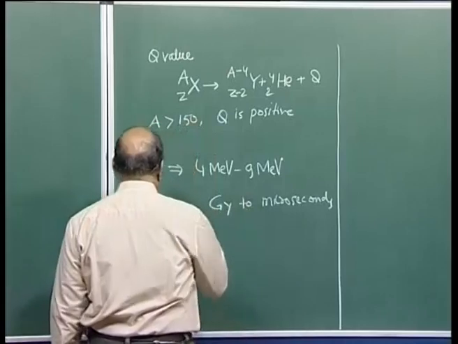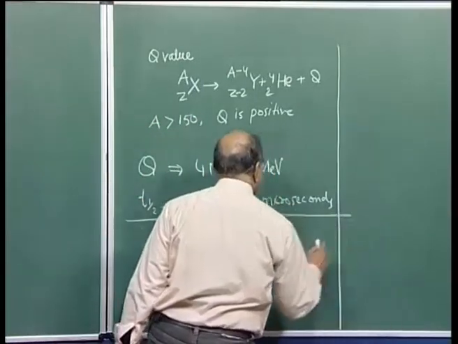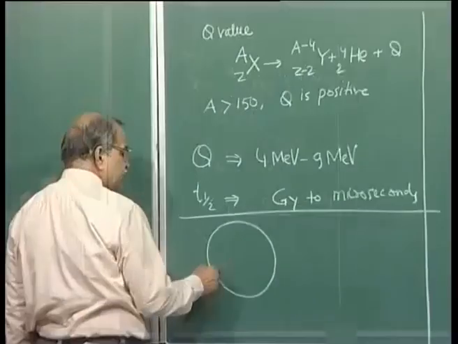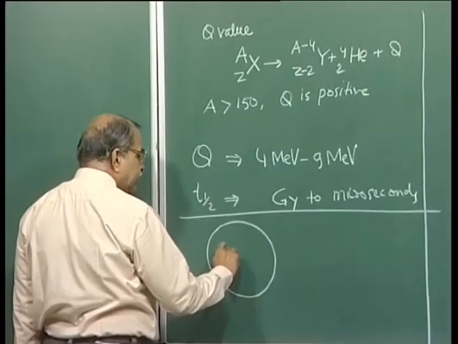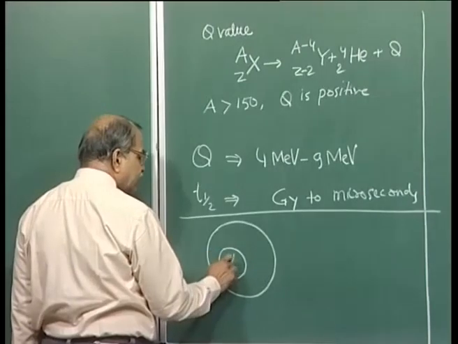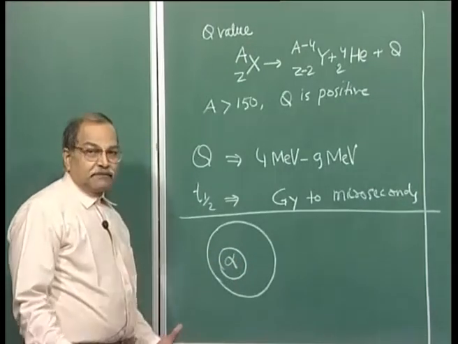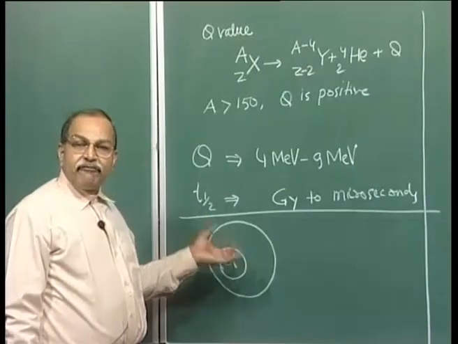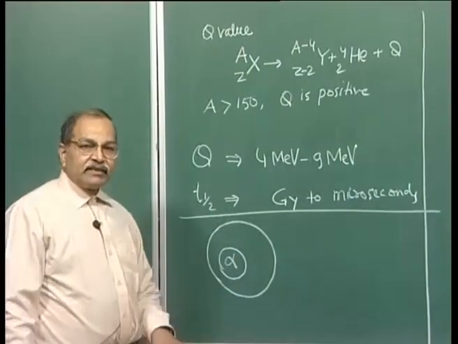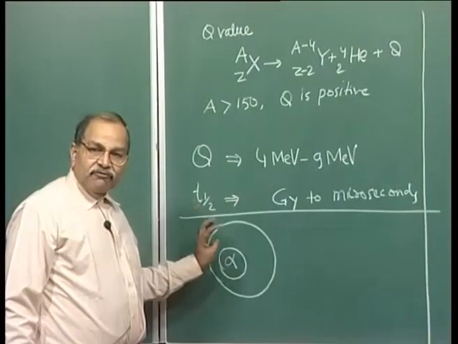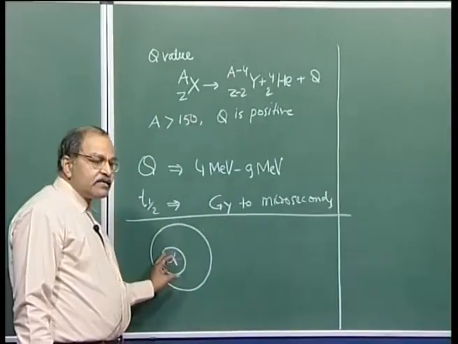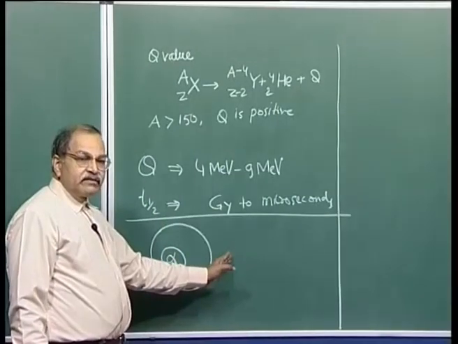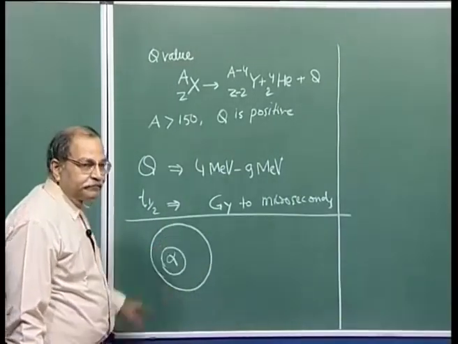We have a parent nucleus, and you assume that in the parent nucleus you already have this alpha particle preformed. There will be a probability of the alpha particle getting formed, but let us take it that it is already formed and stays intact.